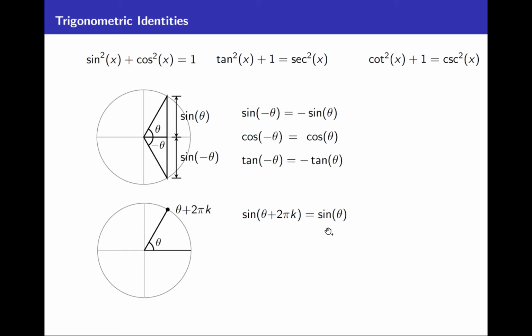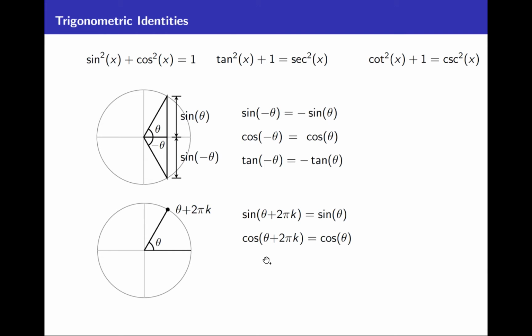Really, what we have written here is simply an algebraic statement of the fact that sine has period 2 pi. Every time you add 2 pi to theta, you get the same sine. You go around another 2 pi, you haven't changed sine.